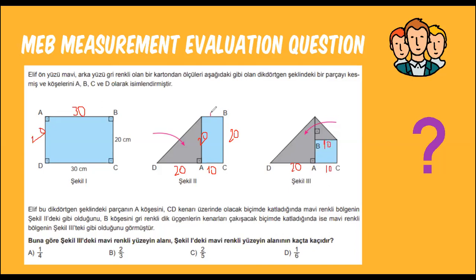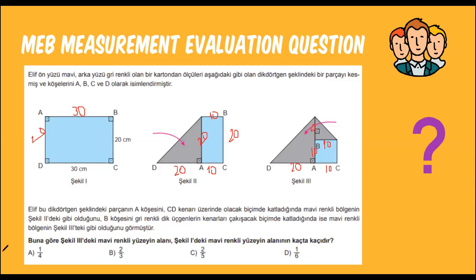Yes, 10. Okay, when this side is folded to this, again here 10, total 20, 20 minus 10, 10. Oh, the shape is a square. Can you see?